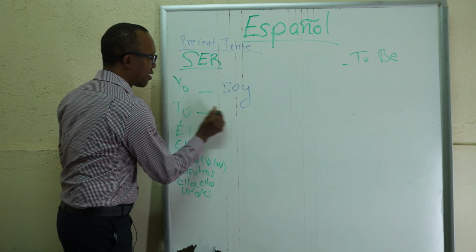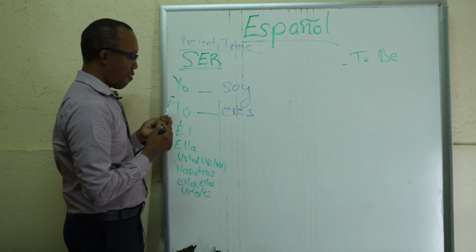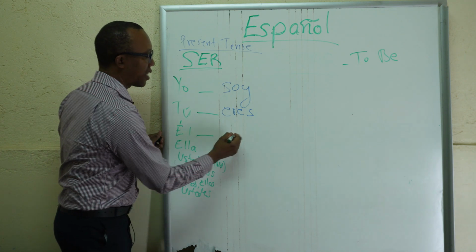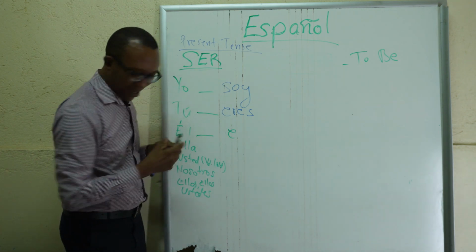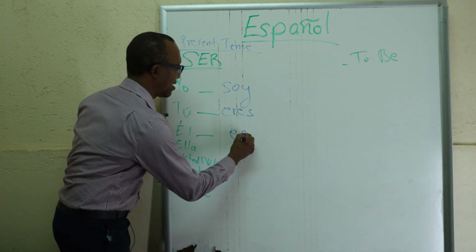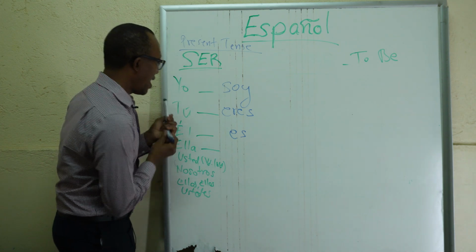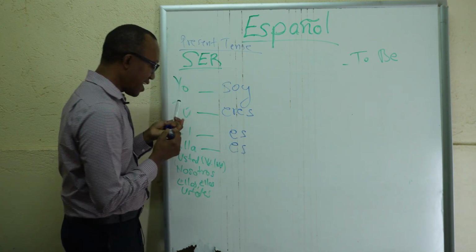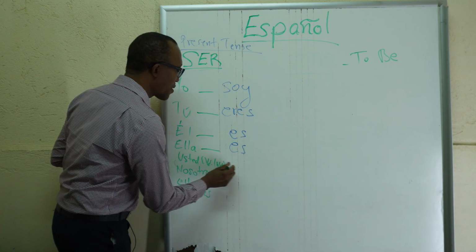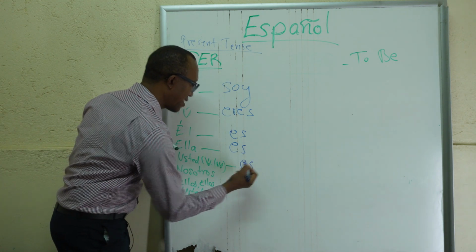For tú, we must have eres. For él, he, we'll have es. For ella, we are going to have the same, es. Similarly, with usted, you are singular, we are going to have es again.